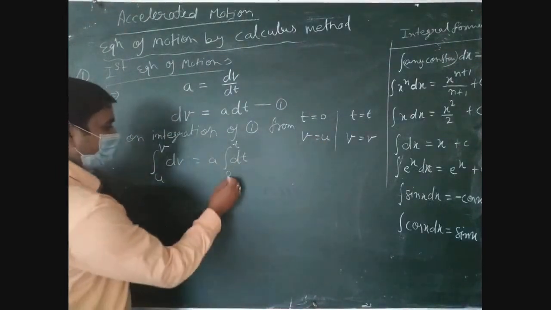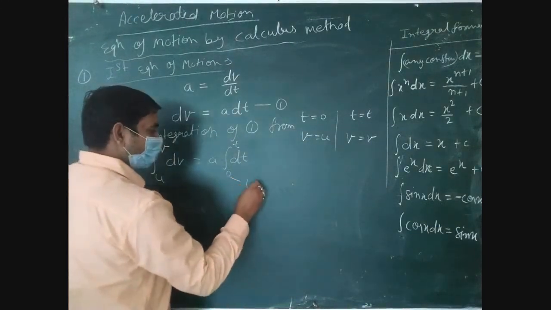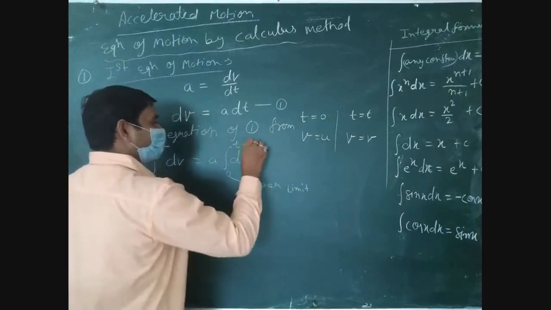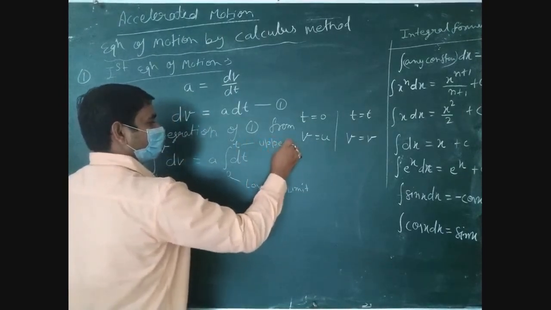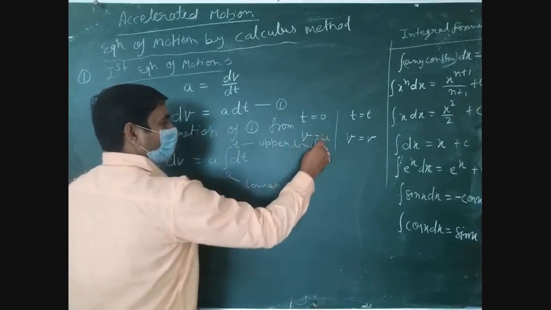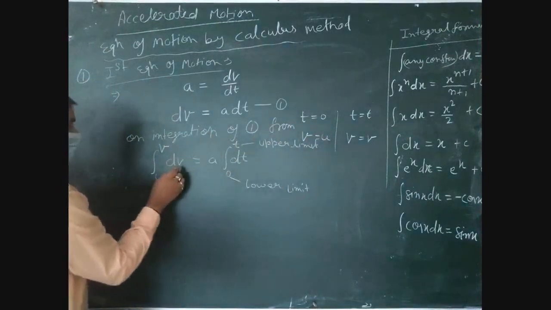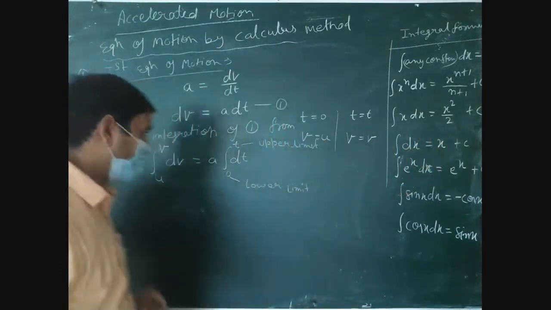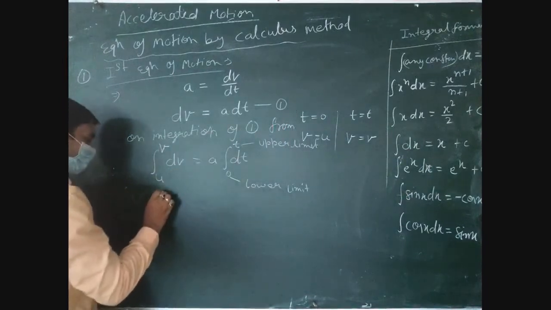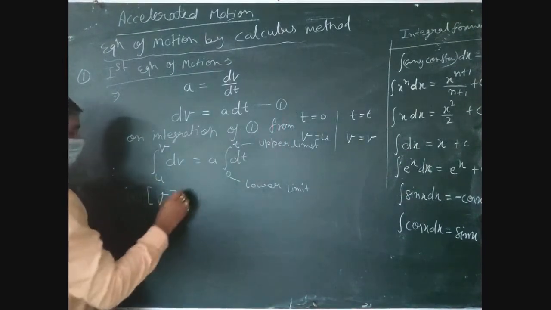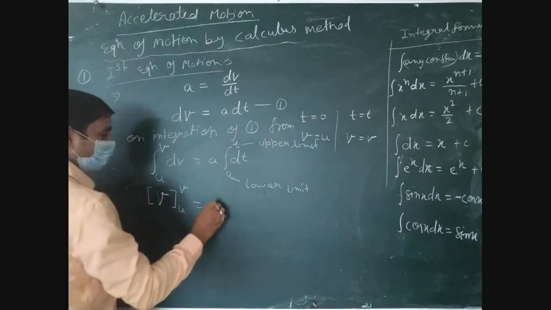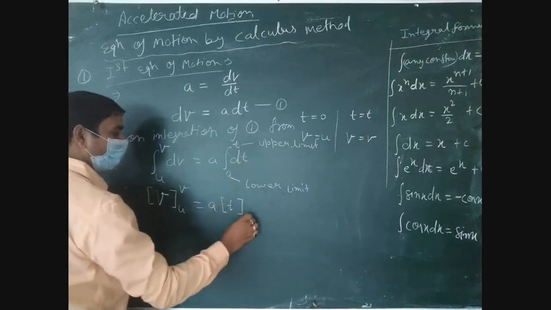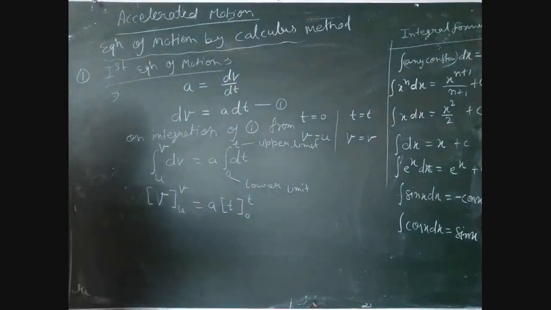Students, this is called the lower limit and this is called the upper limit. Now integration of dx gives x, so integration of dv from u to v gives v, and integration of dt from 0 to t gives t.